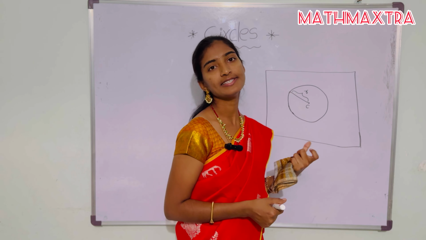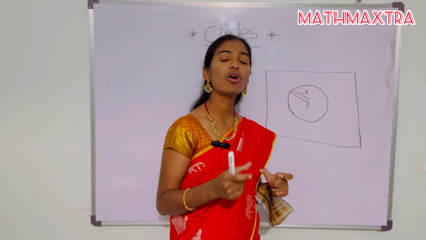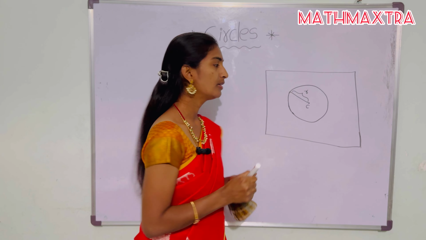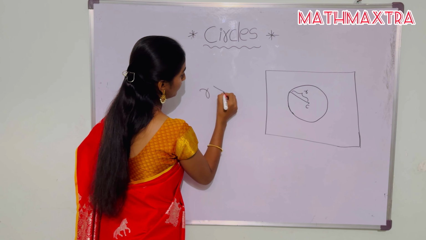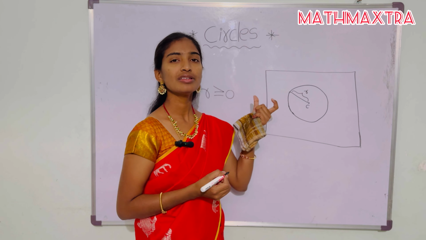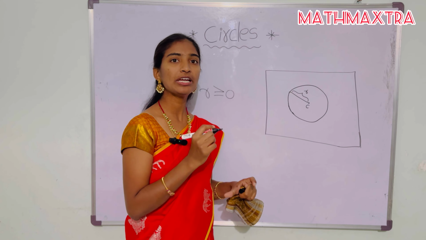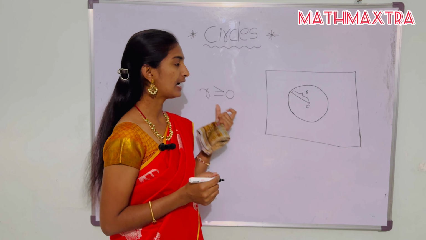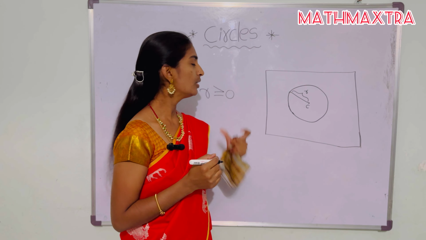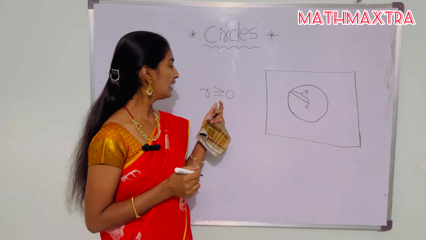So we call it the radius of the circle, and radius is always a non-negative number, which means r must be greater than or equal to 0. Why? Because the radius is a length, and length cannot be a negative value, right? That is why the radius is always a non-negative number. What is a non-negative number? It means it can either be 0 or greater than 0, but it is not negative.